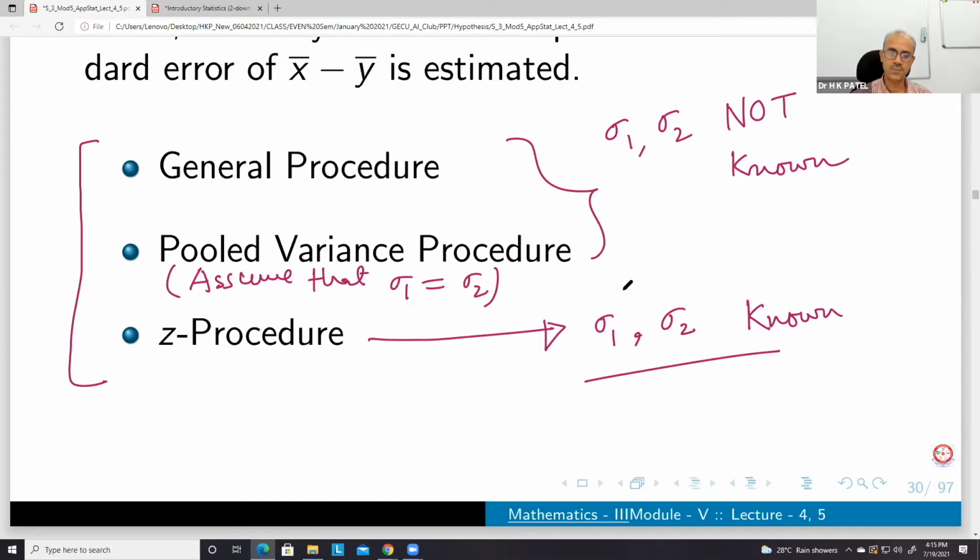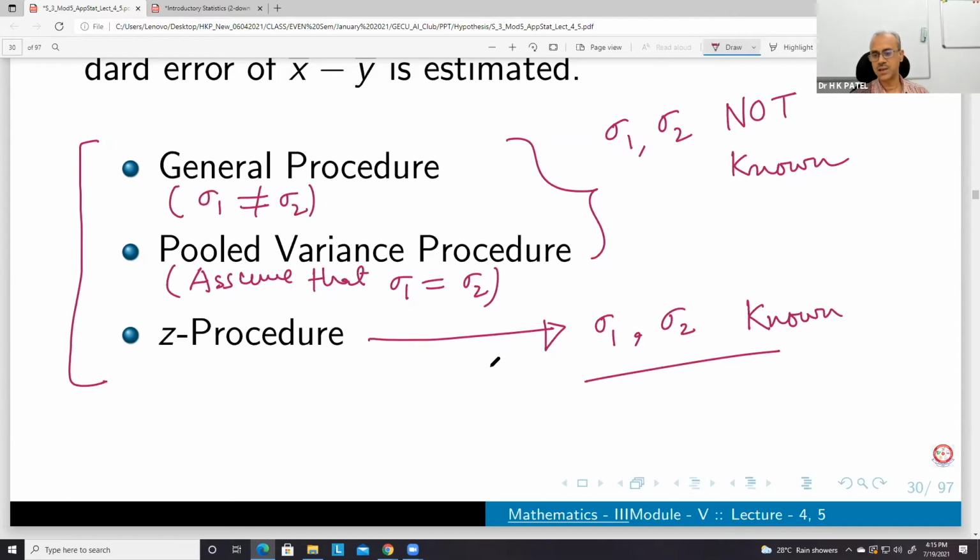And in the first case, that is most general, here we assume that sigma 1 is not equal to sigma 2. So these are three cases here. Z procedure, sigma 1, sigma 2 known. We use these values to find Z statistic. Here not known, but assume equal. And then with the help of this equal sigma, we will calculate the pooled variance or pooled standard deviation.